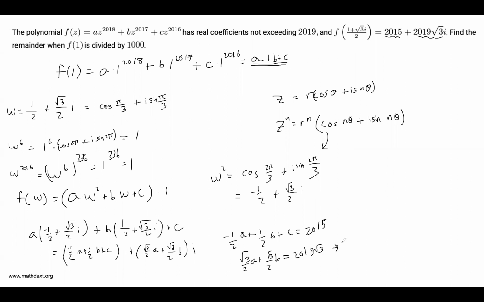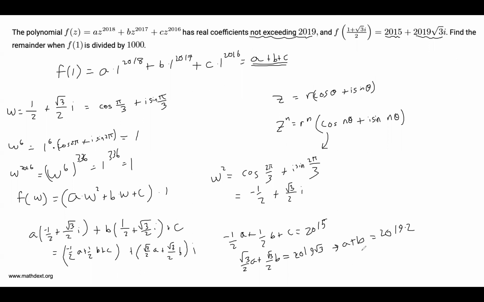And from this second equation, we have a plus b equals 2019 times 2. But we have that the real coefficients do not exceed 2019. And what does this mean?